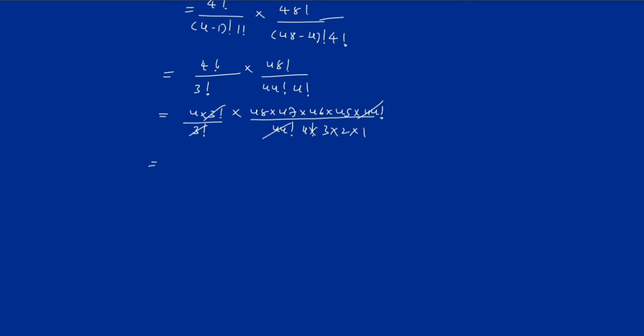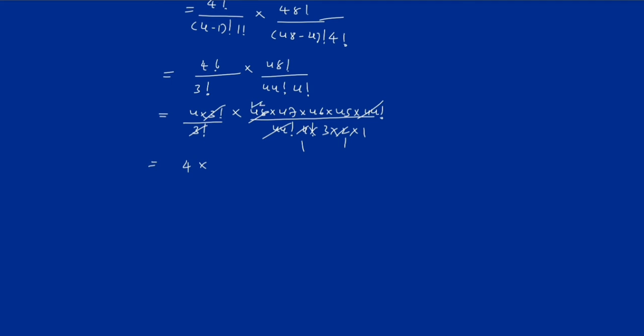If you go on dividing, 4 ones are 4, 12s are, this gets cancelled.